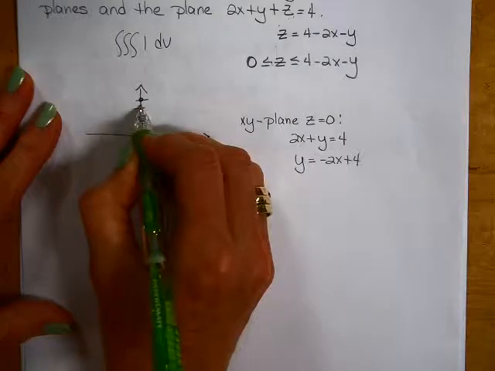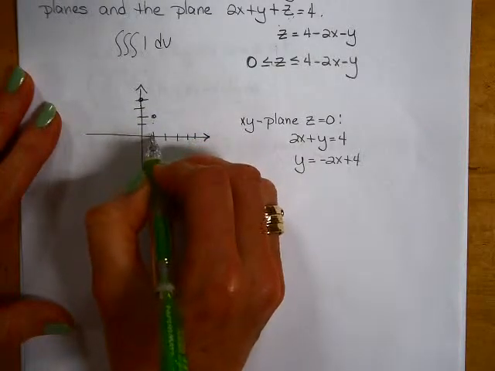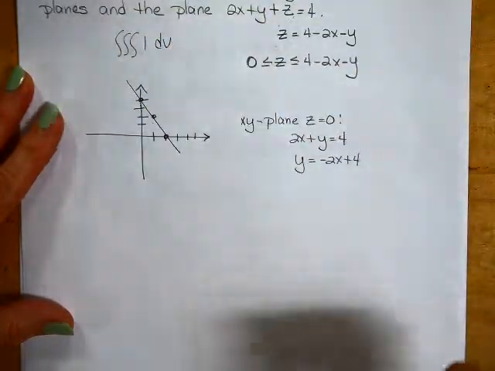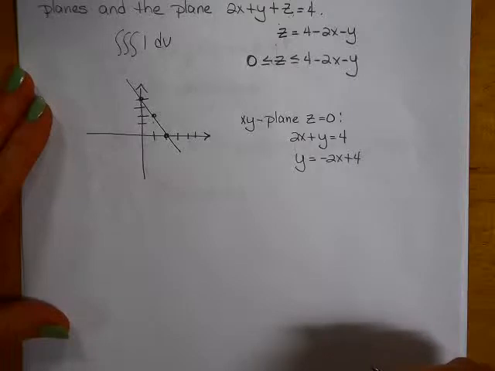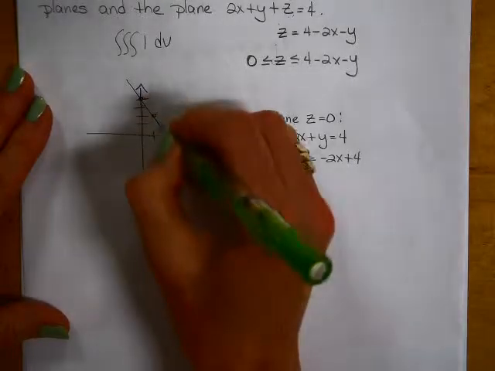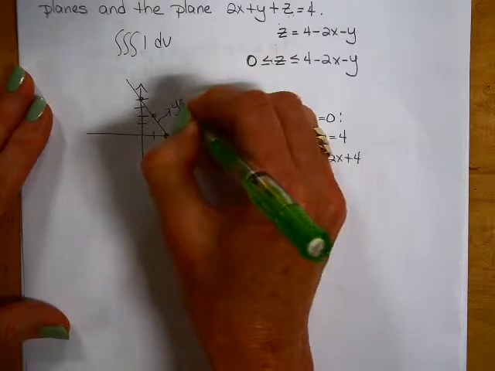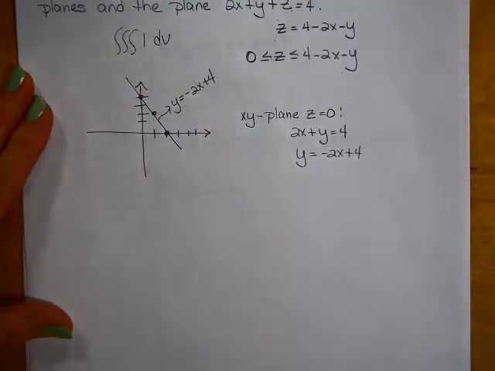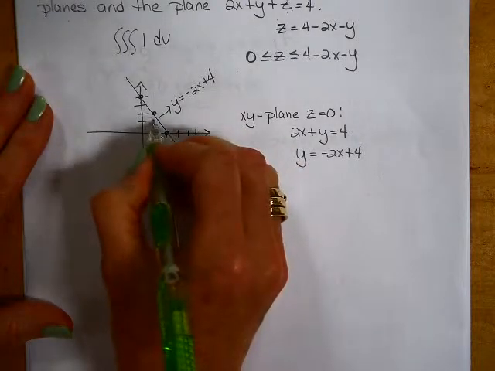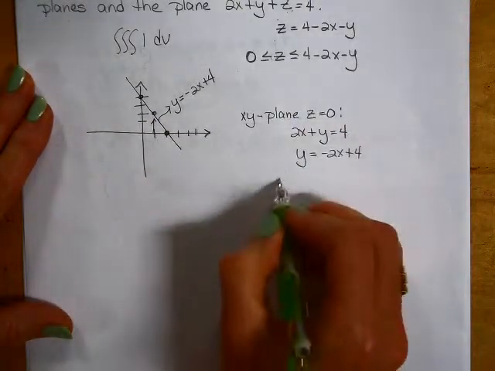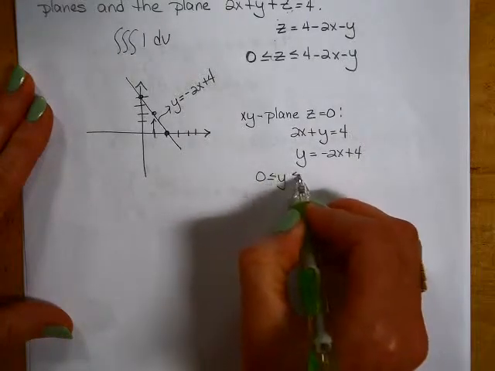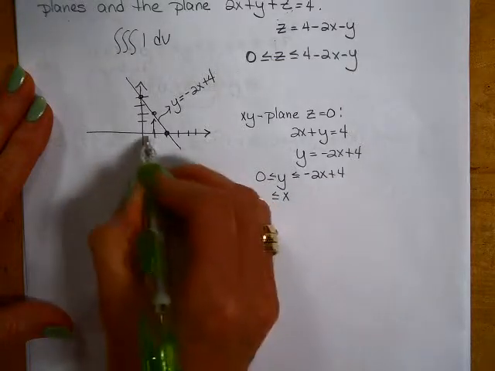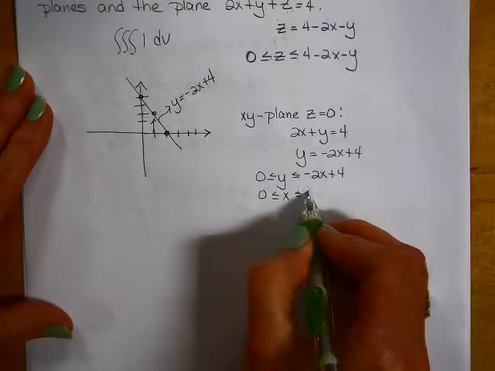Slope of negative 2, so down 2 over 1, down 2 over 1. Here is the line. So y is negative 2x plus 4. So using this picture, I would let my y values go from 0 to negative 2x plus 4, and my x values would go from 0 to 2.